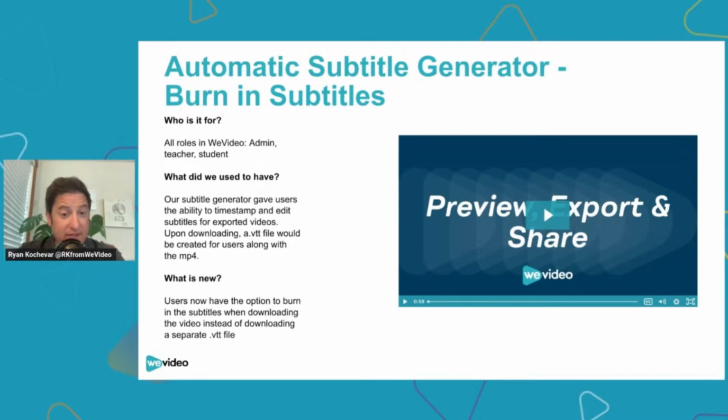What's new is we've added the option to burn in your subtitles when you download the video. So you don't have a separate .vtt file. You'll have the captions immediately available to you in your MP4 file. When you play it through a QuickTime player or whatever video player you're using, you'll have the captions burned right into your video, or the subtitles burned right into your video.